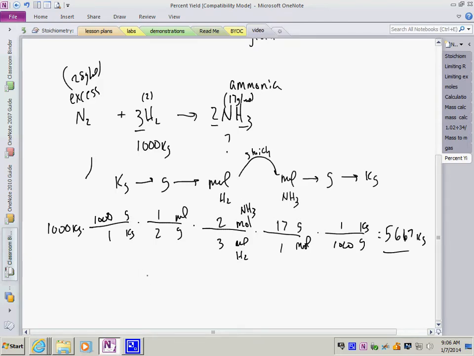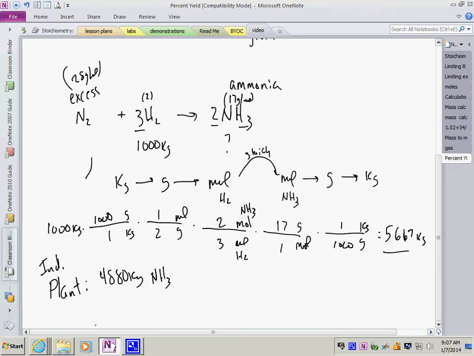Let's say that in the actual industrial plant, they say, okay, we did the experiment, but we only got 4,880 kilograms of ammonia.